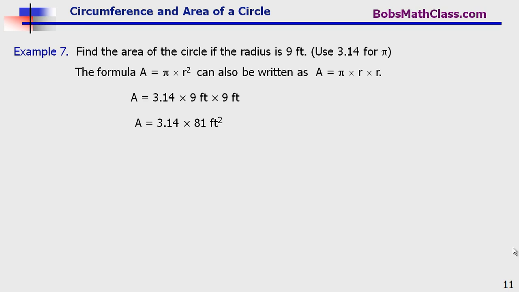Now multiply the 3.14 times the 81. I didn't show all the multiplication, but you should get 254.34 square feet. Okay, I probably went too fast on that last problem. Make sure you always pause the video, work it out on your own, and then click on play when you're ready.